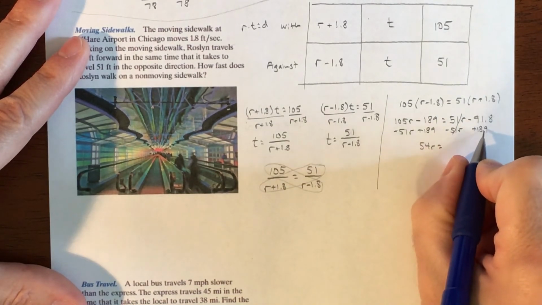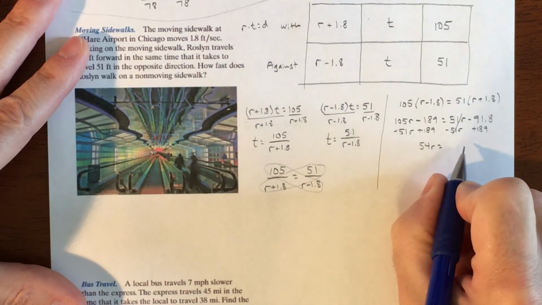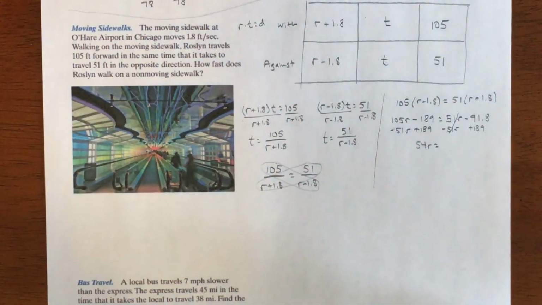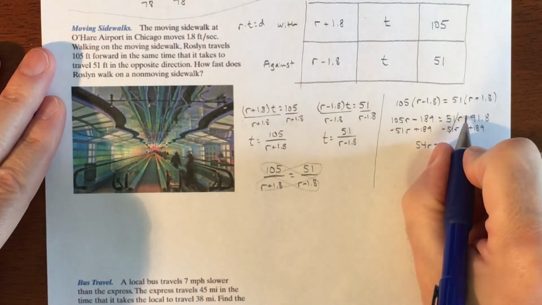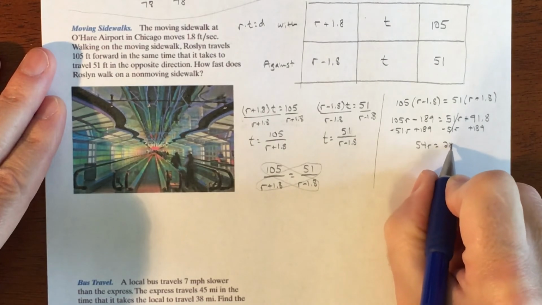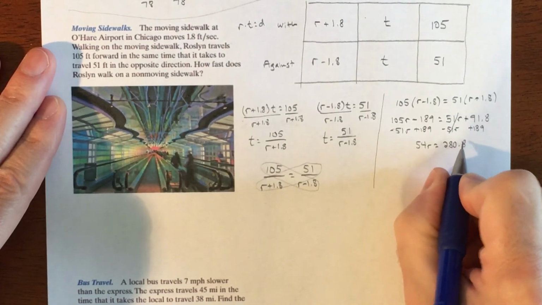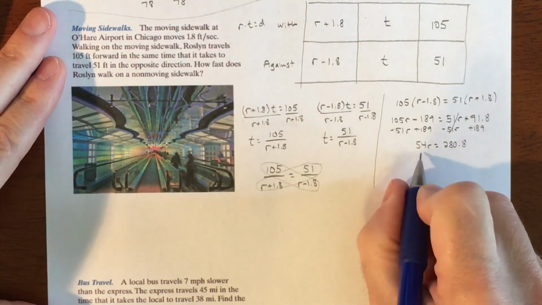Then 91.8 plus 189, that was a positive, so that's actually adding them together. That makes more sense. 280.8. All right, and then we'll divide by our 54.